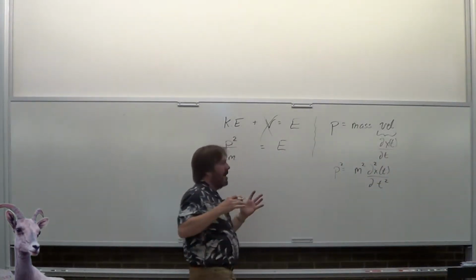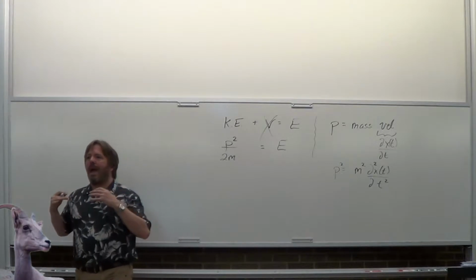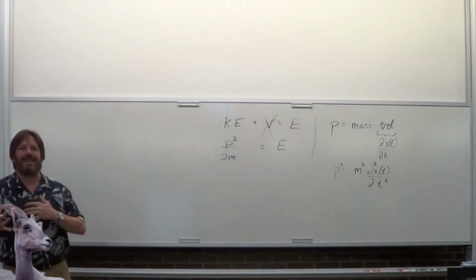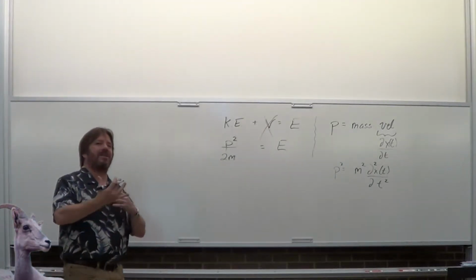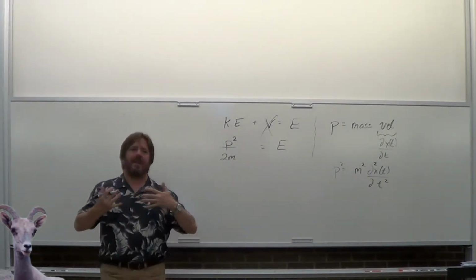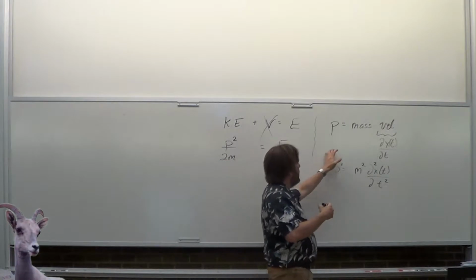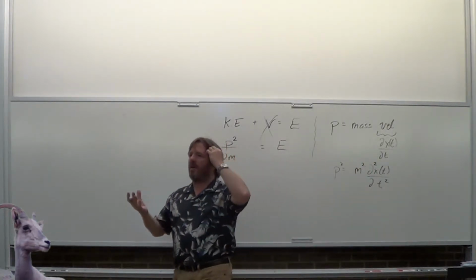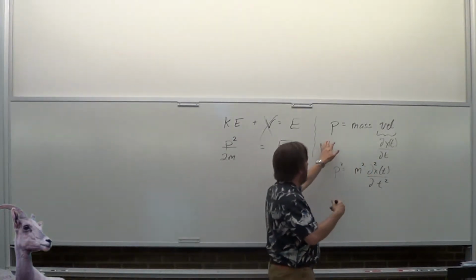Now, this is where I walked you through how Schrödinger constructed kinetic energy. It's not just 1/2 mv squared, how do I figure out velocity, and how would that work? p squared over 2m is 1/2 mv squared, obviously they both have to be energy.